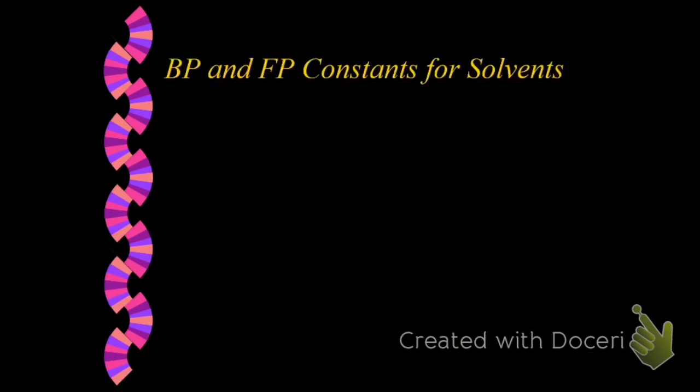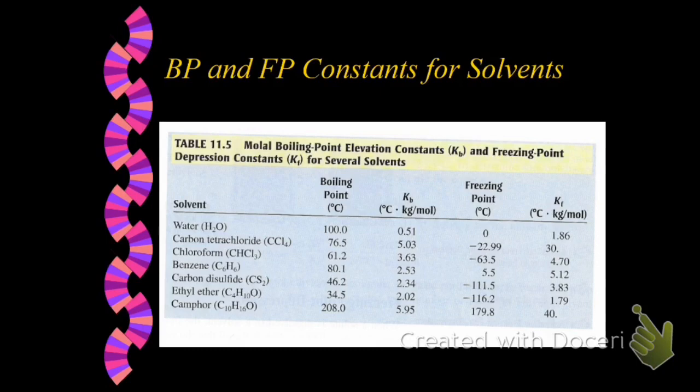And the freezing and boiling point constants are not something that you memorize. They are something that we look up on a table. So we are going to limit all of our discussion to the handful of solvents that are listed in this table. So what we will need to be careful of is reading the solvent. So for example, if it's water, we would be looking at this line here.